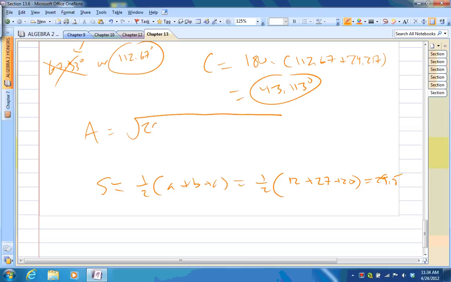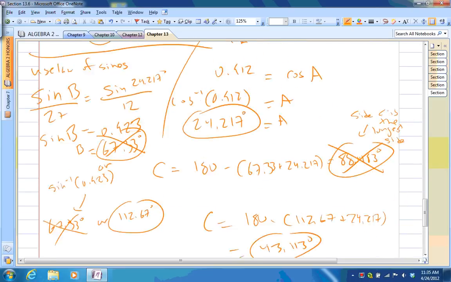So 29.5 minus 12, 29.5 minus 27, and 29.5 minus 20. Let's work it all out. Square root, so you should get 110.729 as our area.